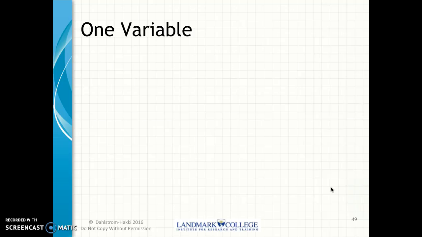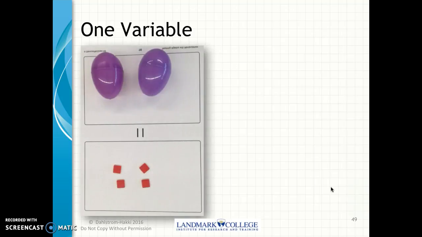I'm going to mostly focus on manipulatives because I think it's a great tool, and it's a tool that can help us both with the conceptual and the procedural aspect of supporting students who learn differently. So, for example, let's think about helping students understand the concept of a variable.